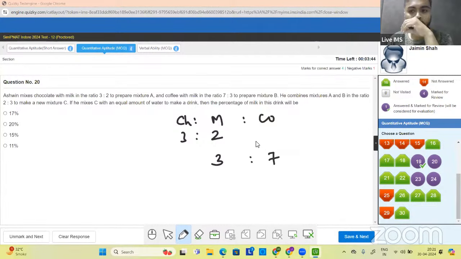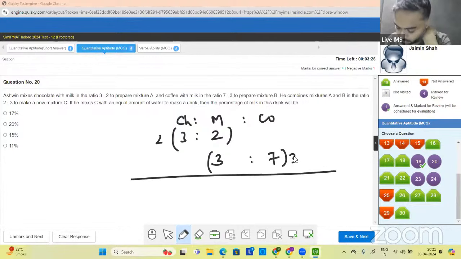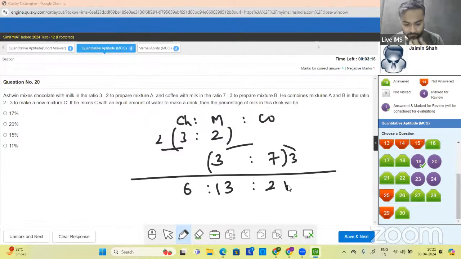He combines mixture A and B in the ratio 2:3. So basically first part को 2:3 में multiply करेंगे तो 2 and 3. He mixes C with an equal amount of water to make a drink. Then the percentage of milk in the drink will be. Okay. ठीक है. So basically this is 6, 4 and 9 is 13. And this is 21. तो बेसिकली ये कितना हो जाएगा?